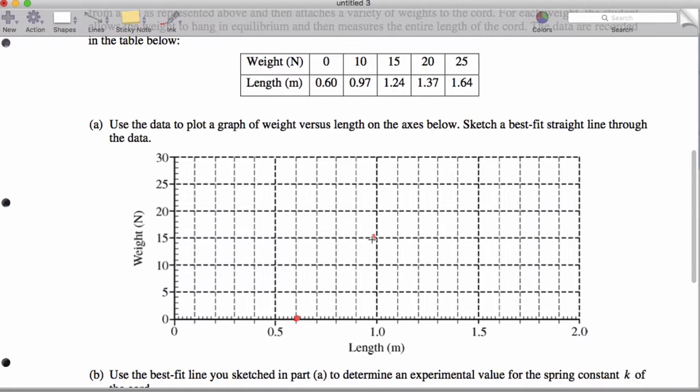And then when our weight is 20, we're at about 1.37, maybe about there. And then when our weight is 25, we're at about 1.64, right about there.